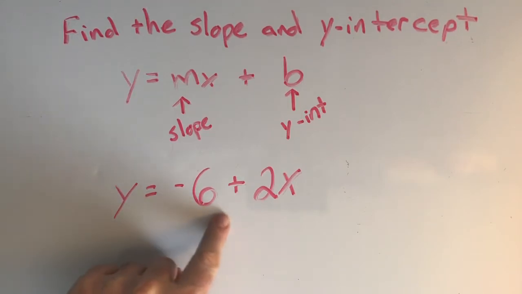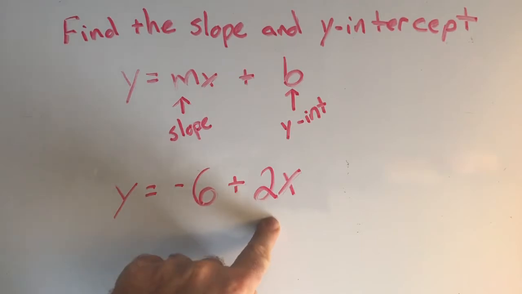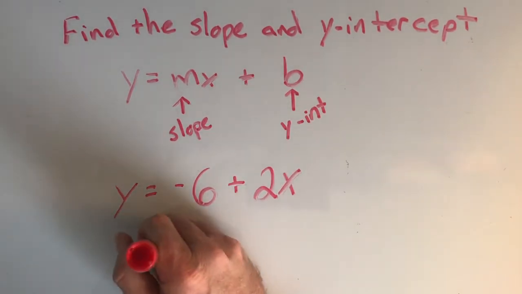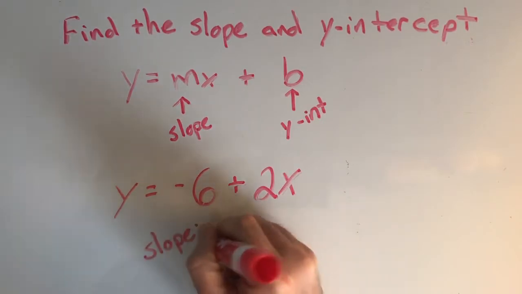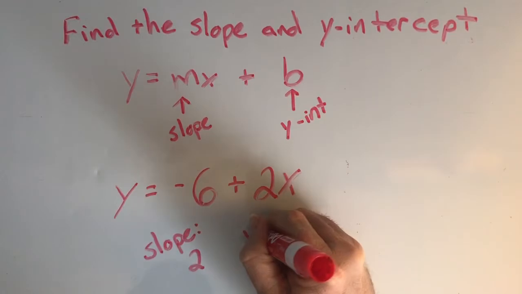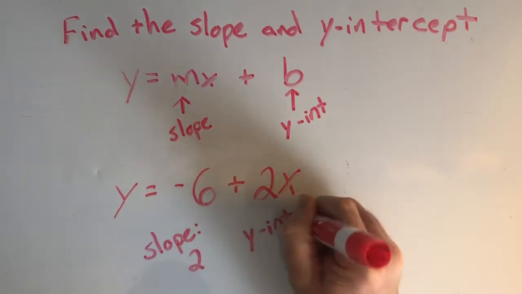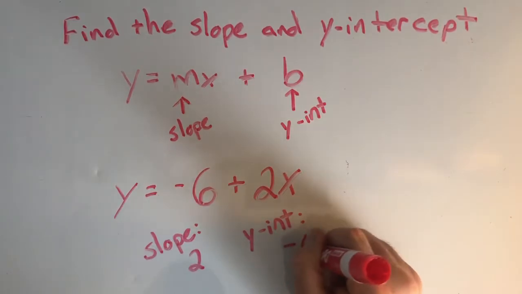No, it's not, because it doesn't have an x multiplied by it. The 2 has an x multiplied by it, so the 2 is the slope. Okay? So on this one, the slope is 2, and the y-intercept is negative 6.